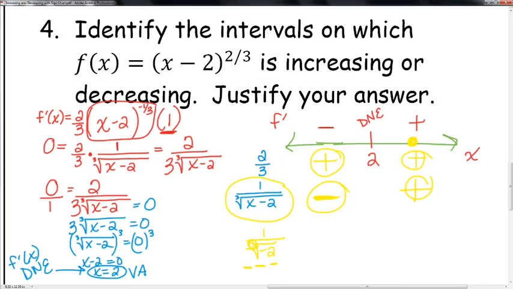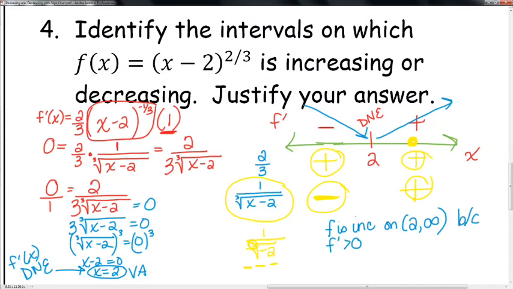And so in terms of my f, if my slopes are negative, that means my function is decreasing. If my slopes are positive, that means my function is increasing. So f is increasing on 2 to infinity, because, I'm going to put BC for because, f prime is greater than 0, or is positive.